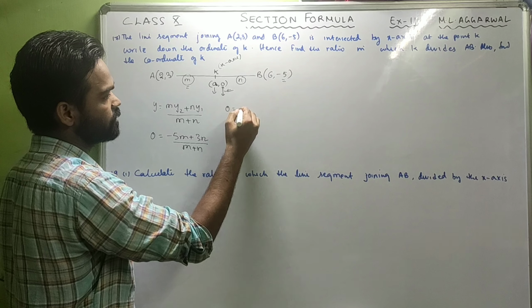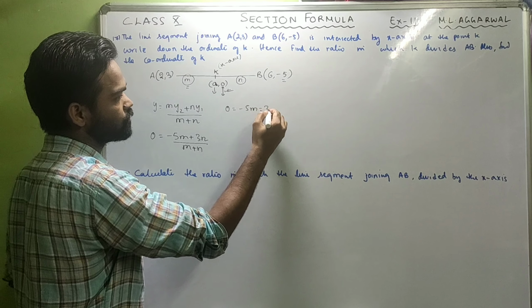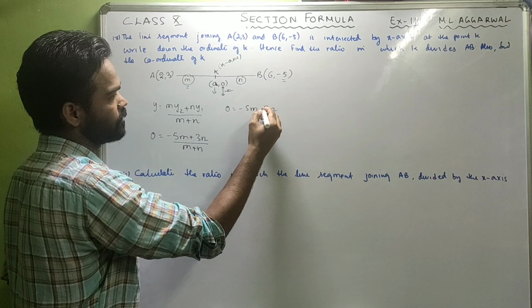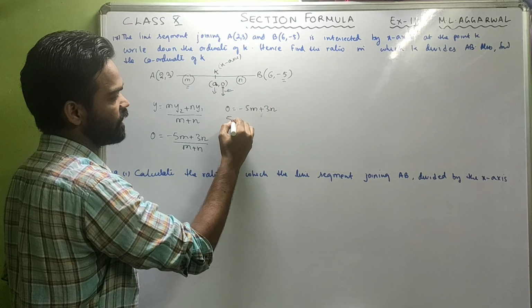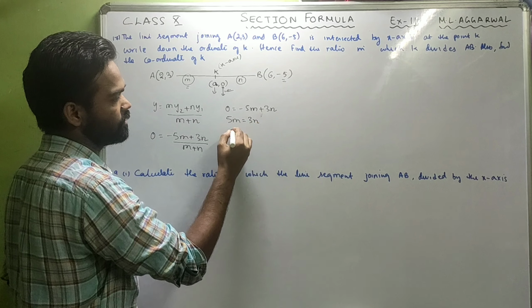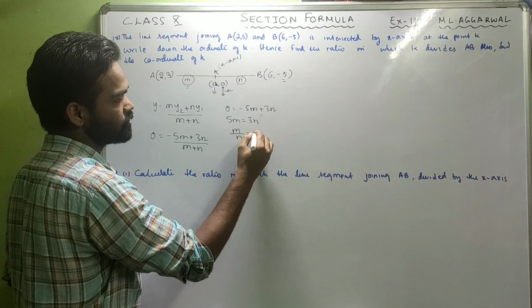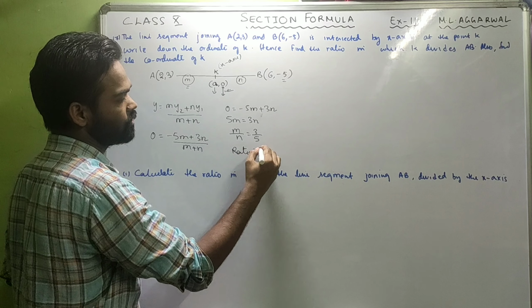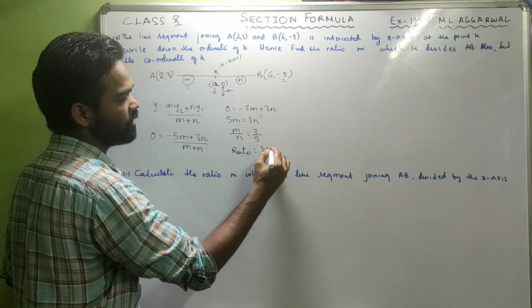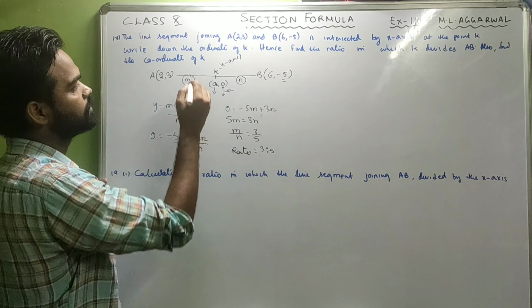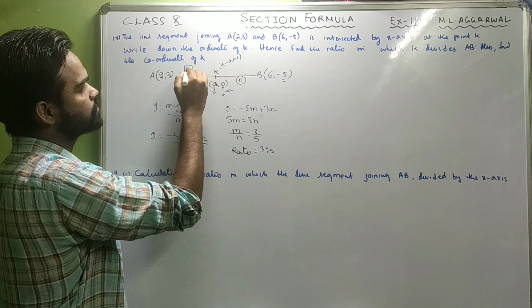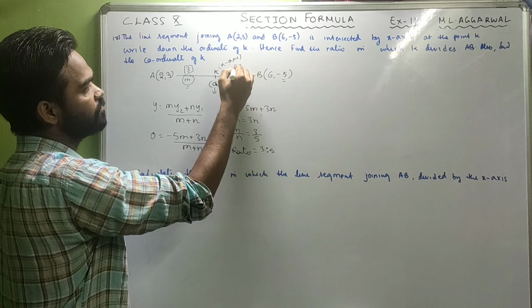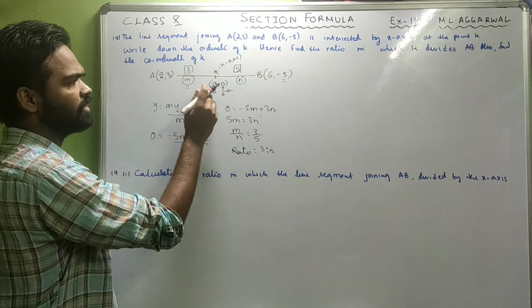So what remains? Minus 5m plus 3n equals 0, which means 5m equals 3n, which means m by n is 3 by 5, which means the required ratio is 3:5, isn't it? Which means the ratio is 3:5.